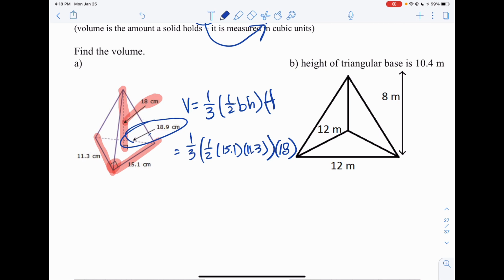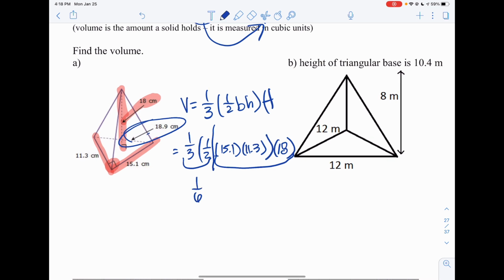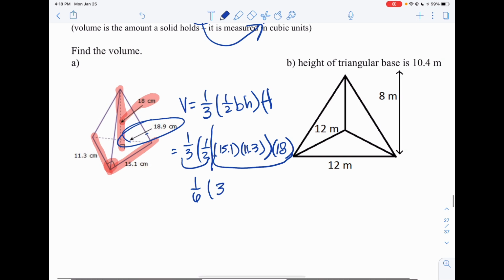Now, I have to go ahead and simplify. What I would recommend is separating them. So I would draw my line right here. Multiply your fractions first and multiply your whole numbers first, and then start simplifying with those fractions, okay? So when I multiply my fractions first, I get 1/6. And when I multiply 15.1 times 11.3 times 18, that is going to give me 3,071.34.